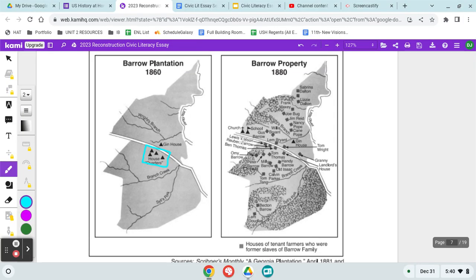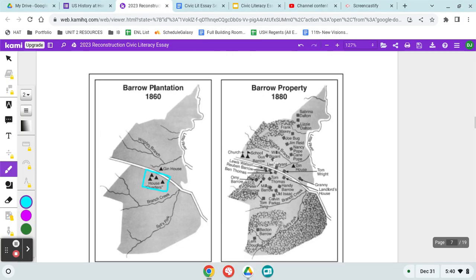And then circumstances after, you have these names of individuals, and you can tell the circumstances on, for example, this Georgia plantation is that the formerly enslaved, because they're not slaves anymore, live in individual homes or individual properties on different parts of the property, and they're much more spread out, right? So again, that's one example of me just breaking down one part of this document.